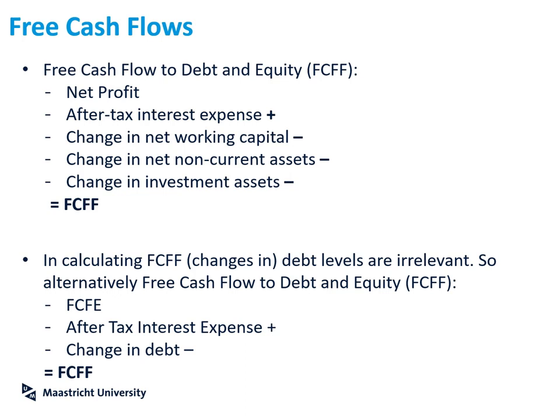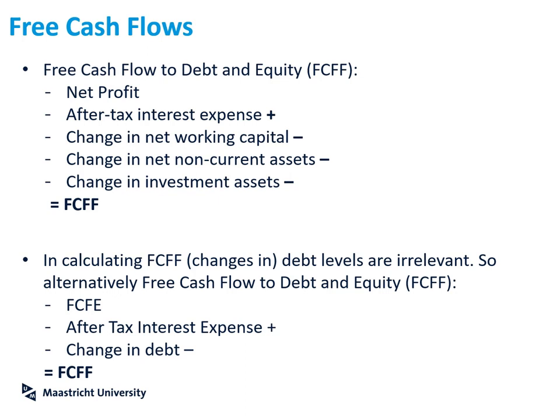So in order to calculate the free cash flow to the firm, we again start with net profit. But if we look at how much is available to be paid out to debt holders and shareholders, we would need to add back the after-tax interest expense, because this is not so much an outflow and this is not so much an amount that's not available to be paid out.